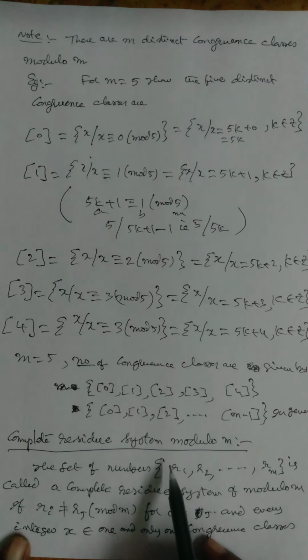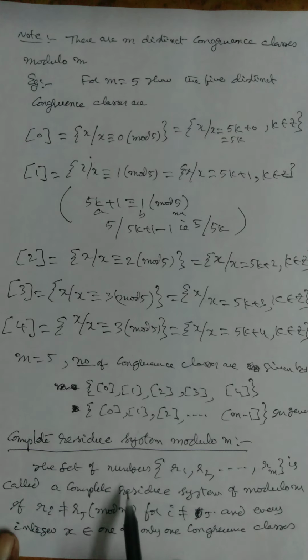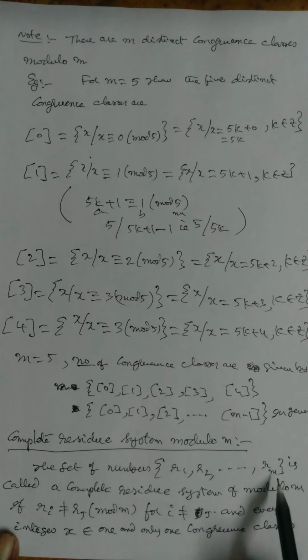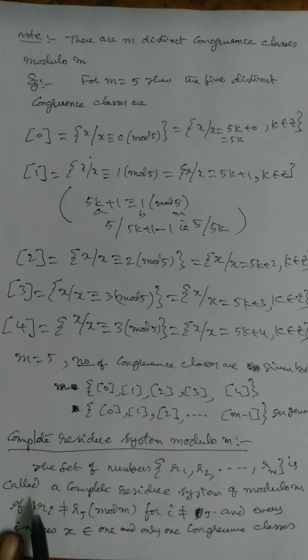Complete residue system modulo m. The set of numbers r1, r2, and so on up to rm, where r means remainder, is called a complete residue system modulo m if ri is not congruent to rj mod m for i not equal to j, and every integer x belongs to one and only one congruence class.